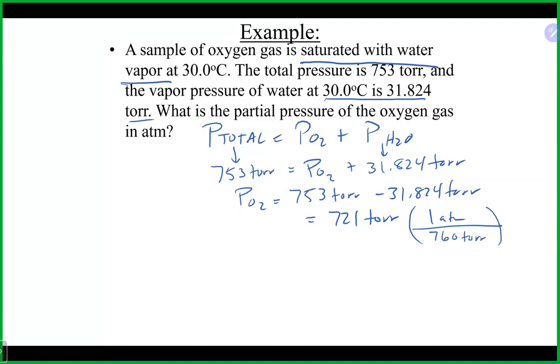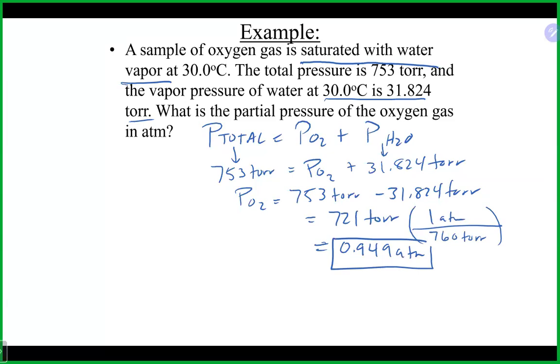So we'll divide by 760, and we'll end up with 0.949 perhaps as our partial pressure of oxygen in this case. And again, this is very commonly referred to as the pressure of dry oxygen.